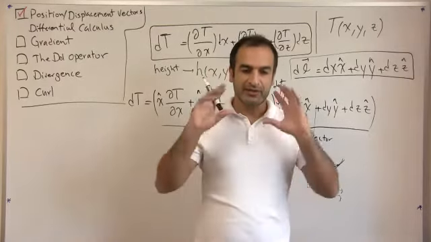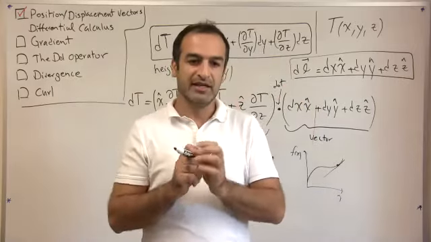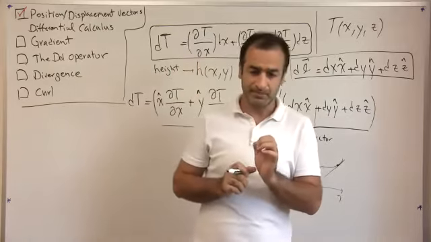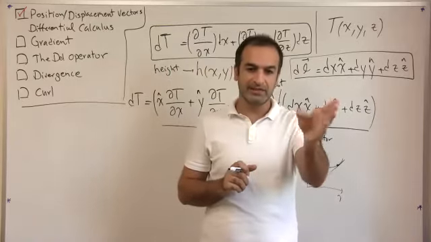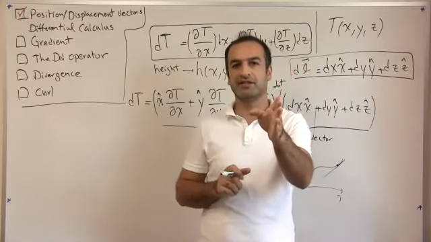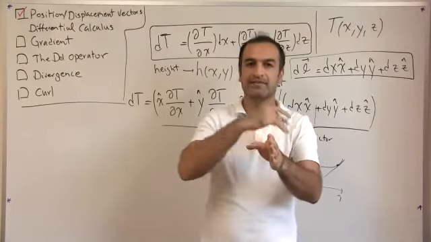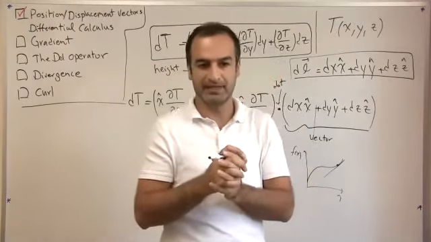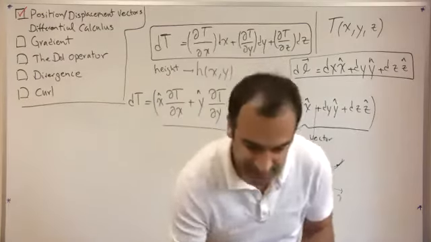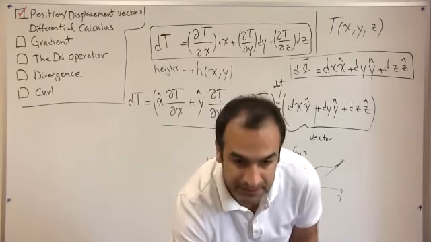So the gradient for any scalar function tells you a magnitude and a direction. That direction is the direction in which you feel the highest slope, and the magnitude is going to tell you what that slope is. Make sense? I have a chat message here.